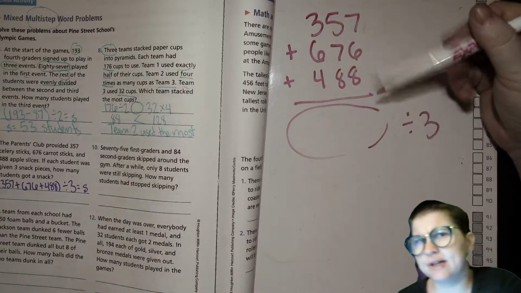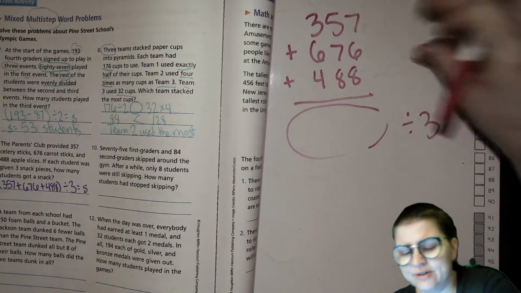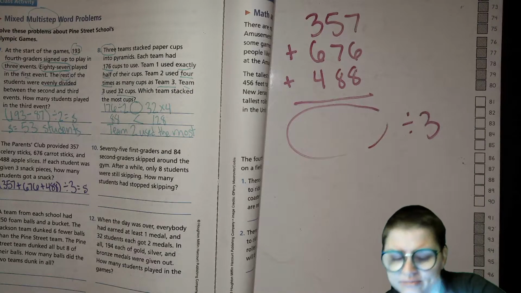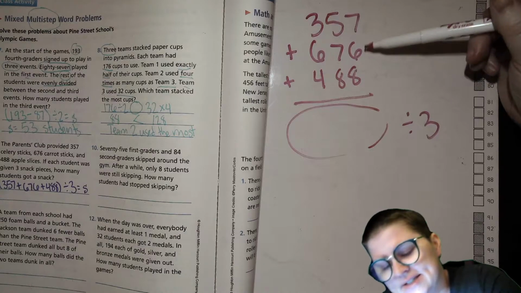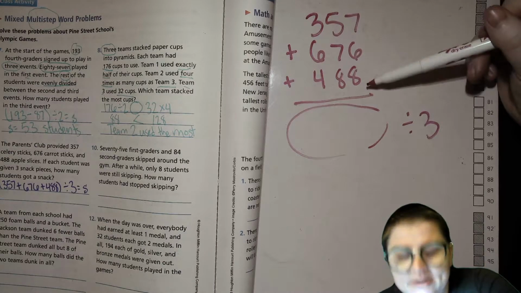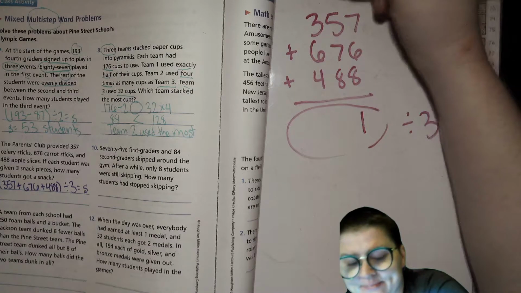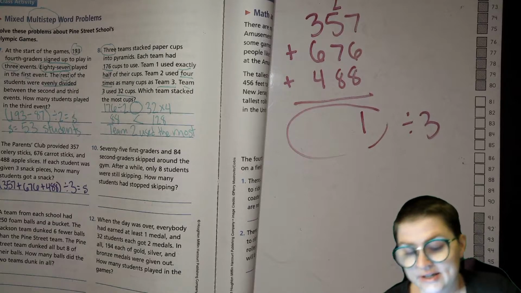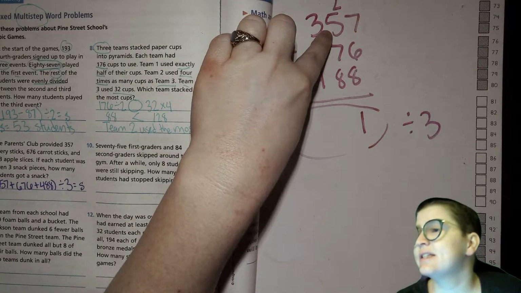Okay, so let's go ahead and do it. All right, and sometimes kids get nervous when it's like a triple addition thing like this. If you hate it, that's fine. You can just do this part first and then add that total to that, or you could just give it a shot. All right, so 7 plus 6 is 13, plus 8 more, that gives us 21, right? Then 2 tens plus 5 tens is 7 tens, right?